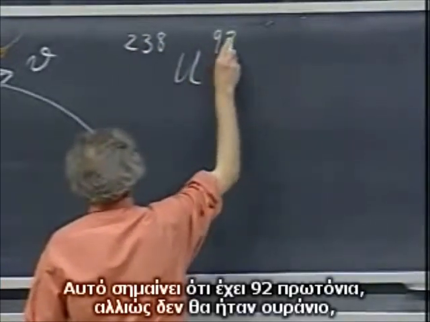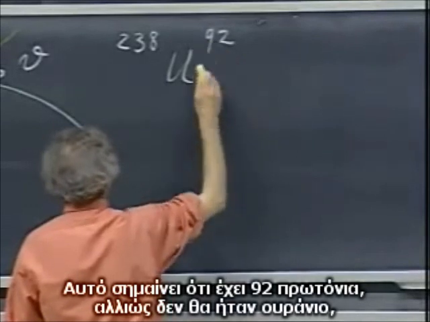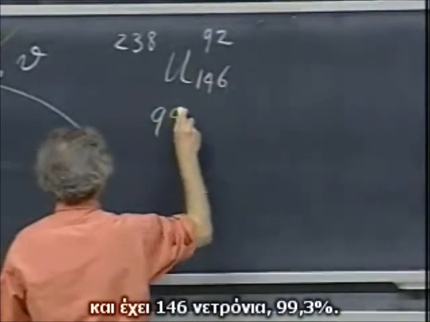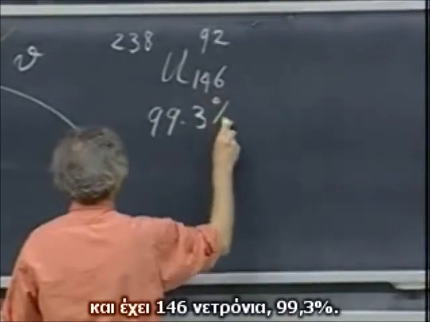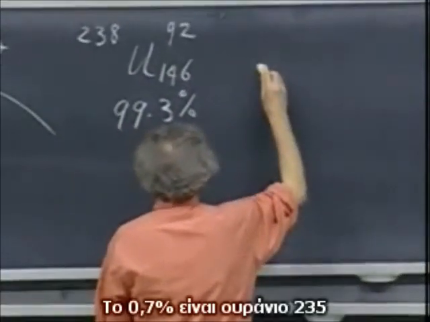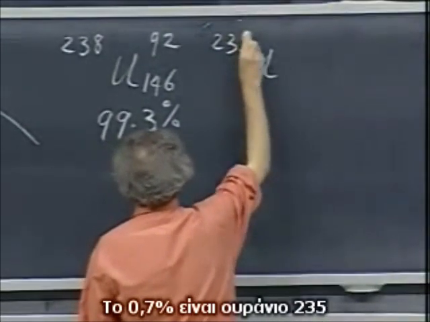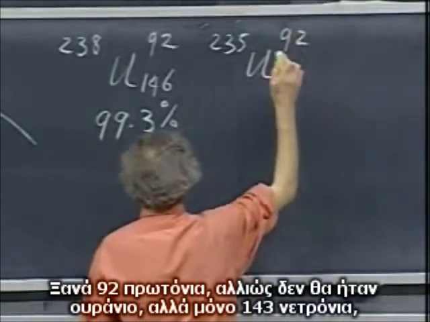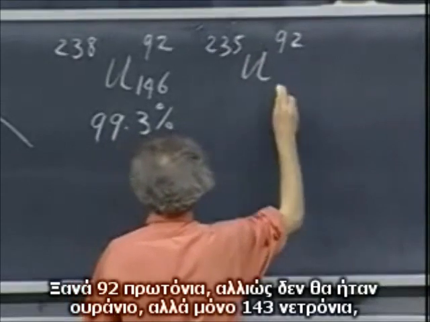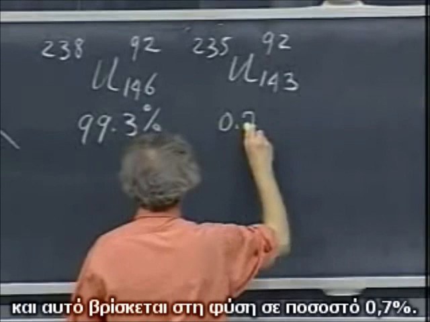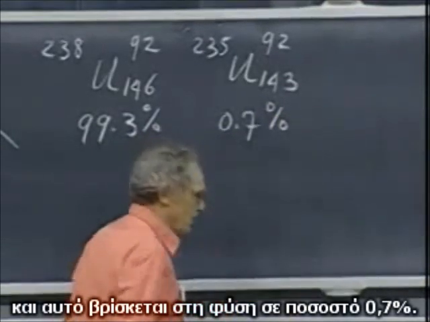That means it has 92 protons, otherwise it wouldn't be uranium, and it has 146 neutrons. 99.3%. 0.7% is uranium-235. Again, 92 protons, otherwise it wouldn't be uranium, but only 143 neutrons. And that you'll find in nature for 0.7%.